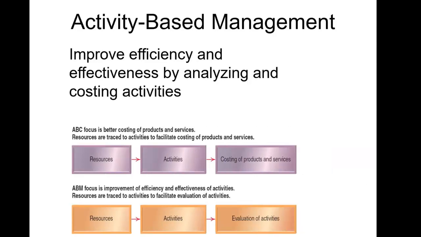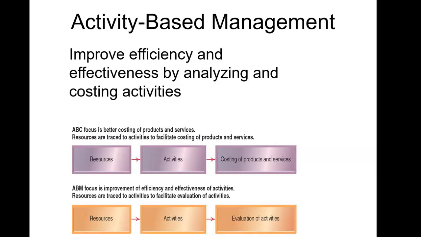All right. So again, activity-based costing, or ABC, focuses better costing of products and services. Resources are traced to activities to facilitate costing of products or services. Another way to look at that is that activities consume resources and products and services consume activities.